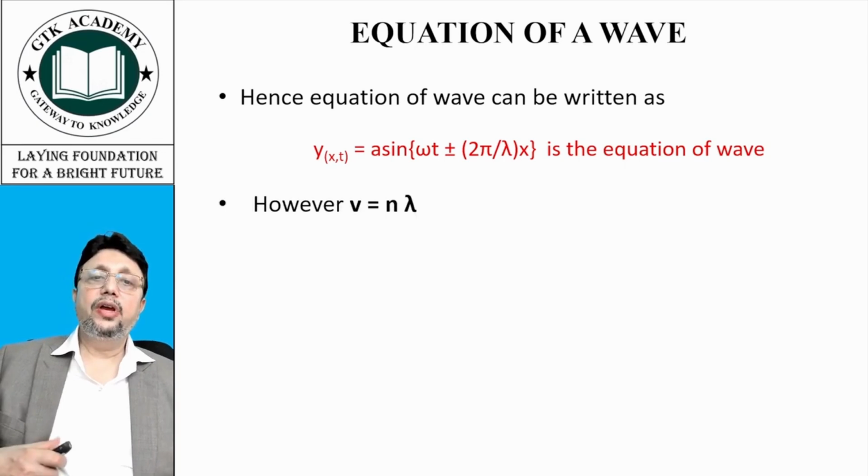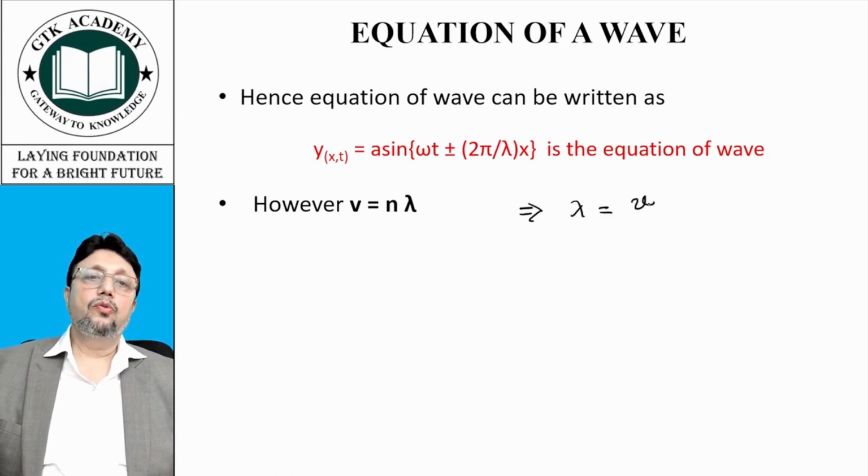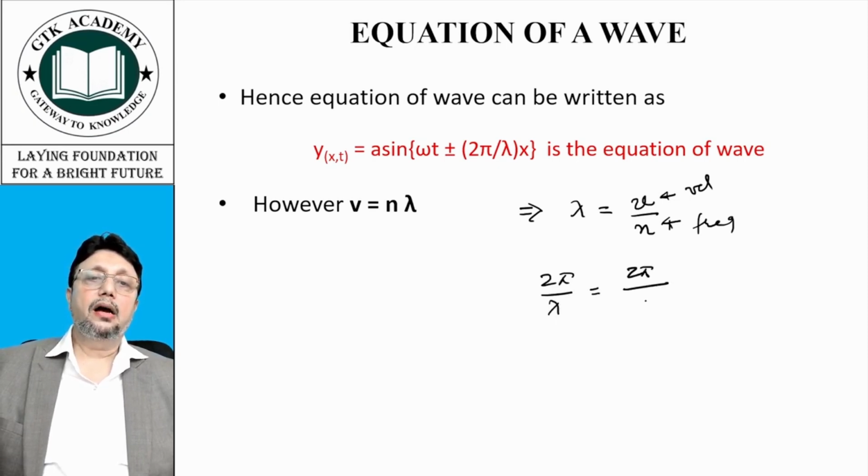But v is equal to n lambda. That means lambda is equal to v upon n. v is the velocity of the wave, and n is the frequency. So 2 pi upon lambda becomes 2 pi upon v upon n, which is equal to 2 pi n upon v. Now 2 pi n is equal to omega, so this is omega upon v.